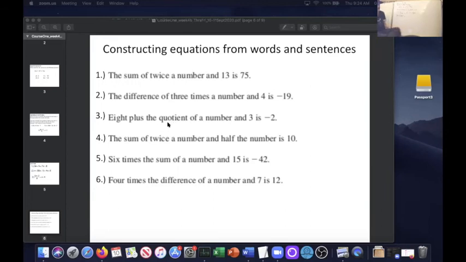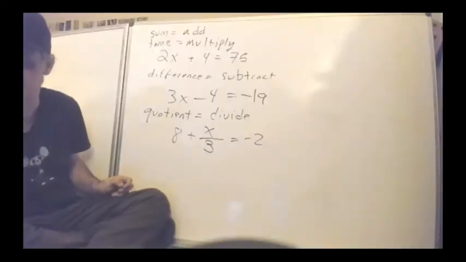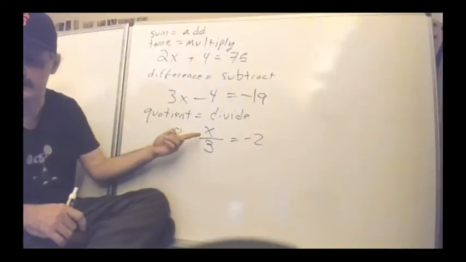Bingo. That's it. So we're dividing, and it says 8 plus, and then what we're dividing is the number and 3. So we're going to have 8 plus some number we don't know, variable, and 3, and it says that is negative 2. Now I'm always using x. That's just a habit.